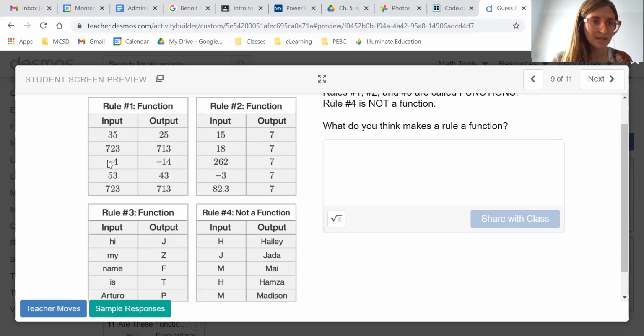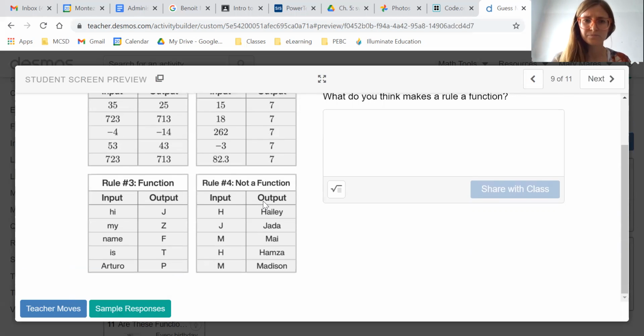So what I can see over here is that every number is going to give me a different number. In rule number 1, every input is going to give me a different output, right? And in rule number 2, every input gives me the same output. Rule number 3, every input again is mapped to just one output.